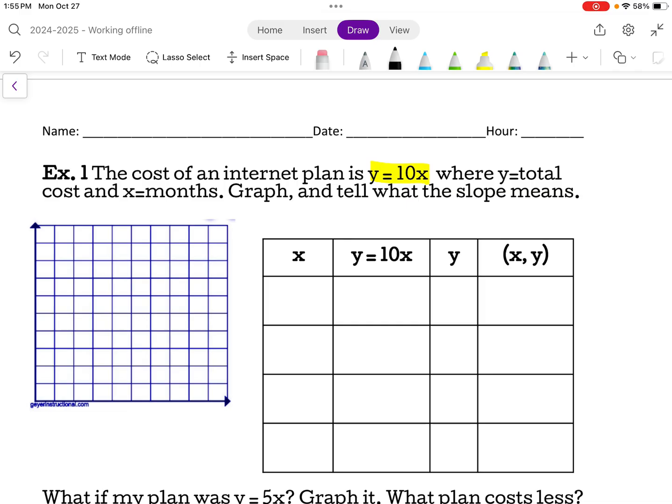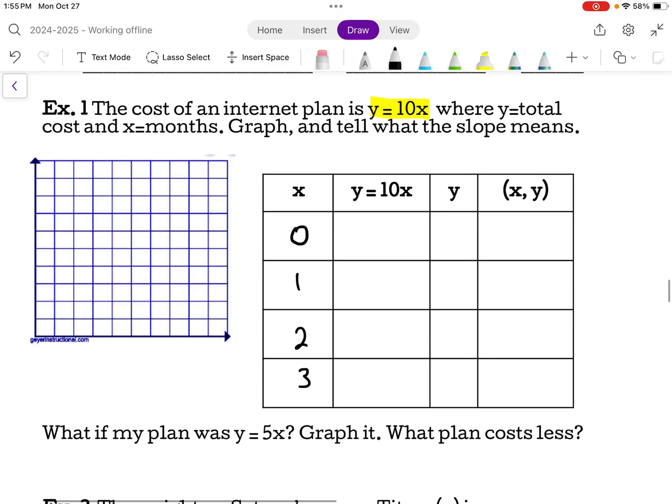It looks like the graph that I have set up here is all positive. So a lot of times I'm going to be able to choose negative numbers, but in this case I'm just not. I'm going to start with 0, and then I'm just going to go 1, 2, 3, and then let's graph it from here.